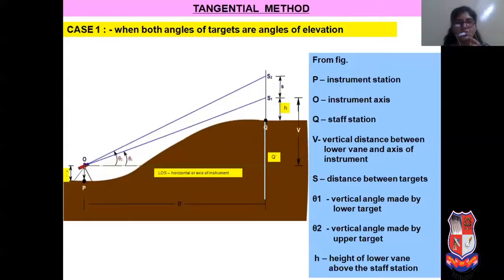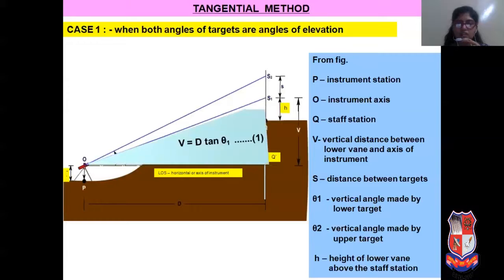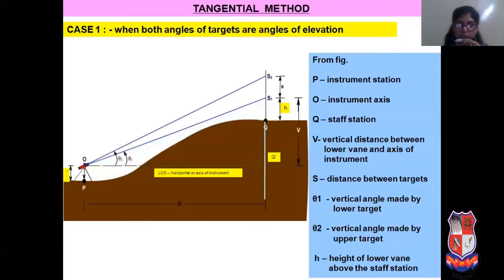So let's see the terminology, which is quite similar to the above methods, where P is the instrument station, O is the instrument axis, Q is the staff station, V is the vertical distance between the lower band and the axis of the instrument, S is the distance between the targets, theta 1 is the vertical angle made by the lower target, and theta 2 is the vertical angle made by the upper target.